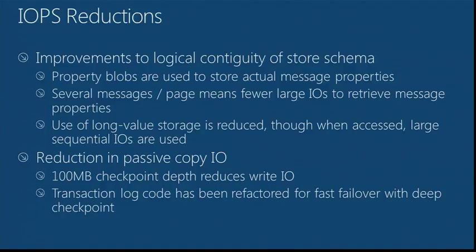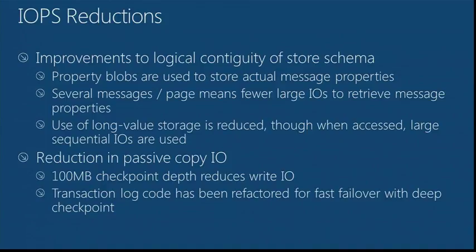But of course, with that large of a checkpoint depth, that could mean we're going to have problems when we need to transition from passive to active, because we have so many more logs to play, and we don't have a cache built up at that point. So the ESE team spent some time rewriting ESE logging. It's the same database engine, but the way in which we log certain things has changed such that we can persist the cache as we make that transaction.